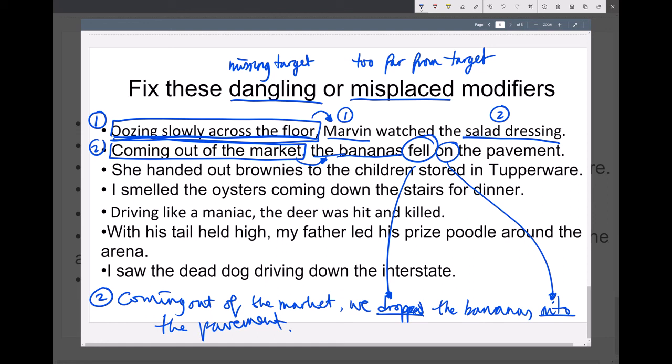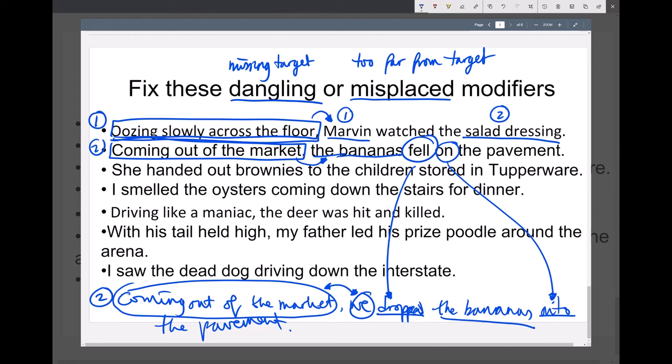So here it is people that is coming out of the market. So the modifier now has a better subject to modify. That's we as people, because people can walk and go in and out of markets. Instead, the bananas were dropped by people.